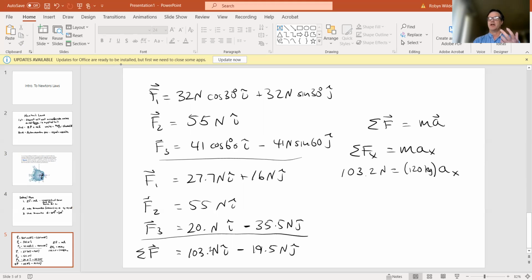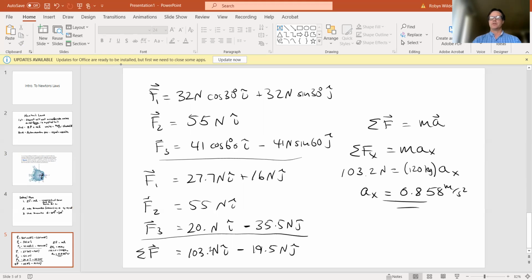And remember, acceleration is a vector too. It can have an x and a y component as well. And so if I solve for AX, my x component of acceleration turns out to be 0.858, just dividing 103.2 by 120.